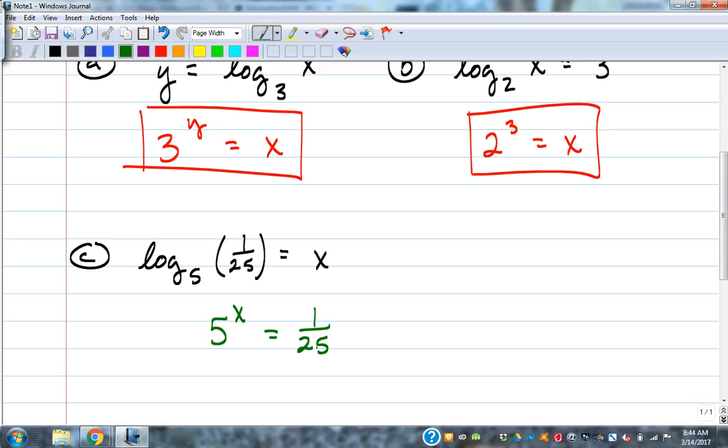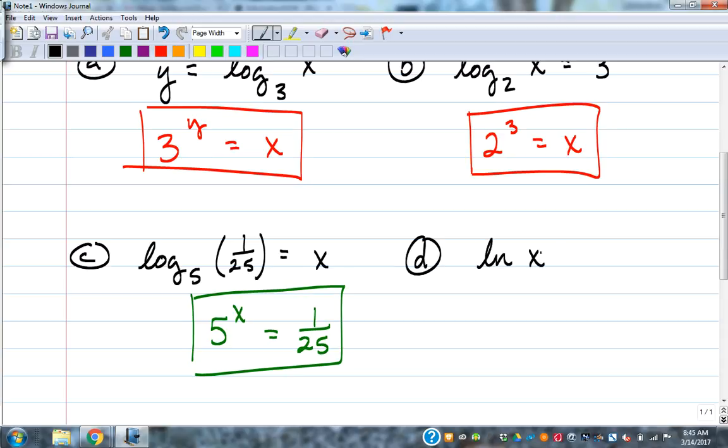Now that looks a lot like the problems that we did on the quiz or yesterday, right? So that's the idea, that we've got a log equation. We can change it into an exponential equation if it works well. This one would work well with that to solve it. We could solve that by making that 5 to the negative 2 and work that out. The idea right now, though, is just rewrite them.